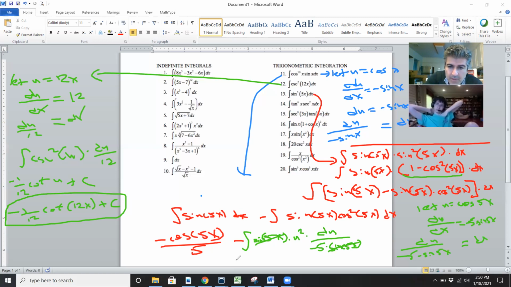That's going to be double negatives make it a positive. And that's u to the 3 over 3 times negative 1/5 plus c. And that just kind of copies over. And then you bring the u back into the mix, which is cosine 5x, and you have your answer.